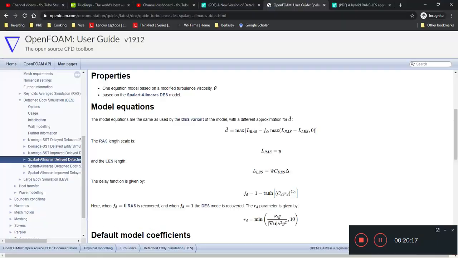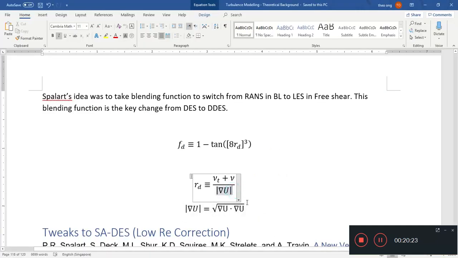Then you have two more things at the bottom: kappa squared and y squared. In the original paper we have kappa squared and d squared, where d squared is the distance from the wall squared. That's all it is. And of course fd will be put somewhere.